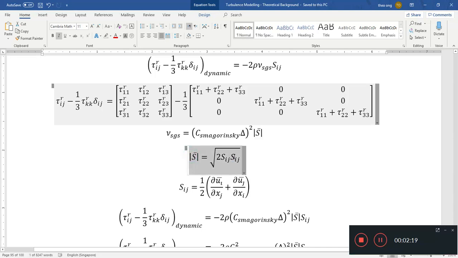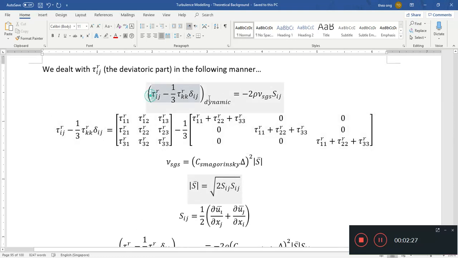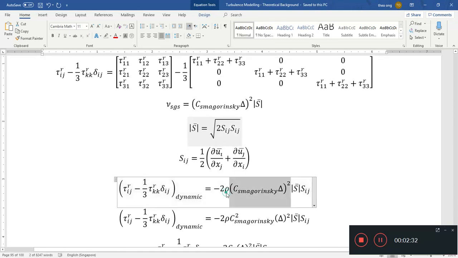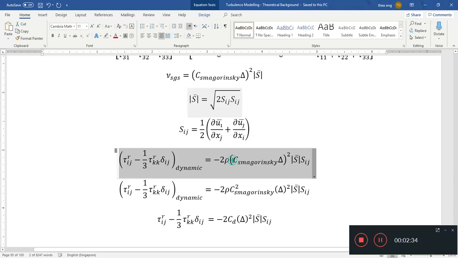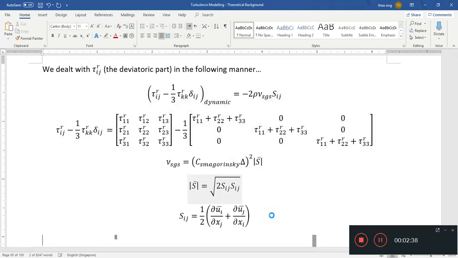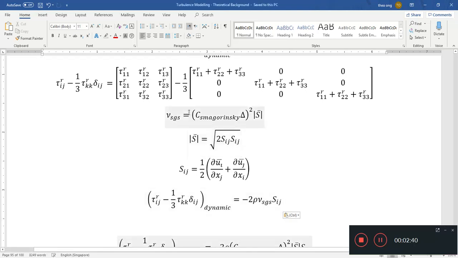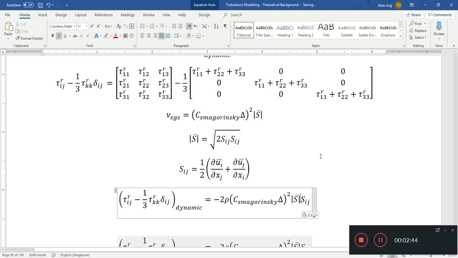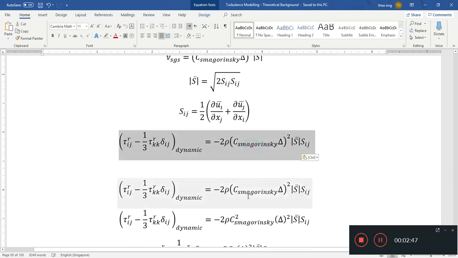The mean rate of strain is this, where S_ij is as follows here. If you substitute the expression for viscosity back into this equation, you will get something like this over here.